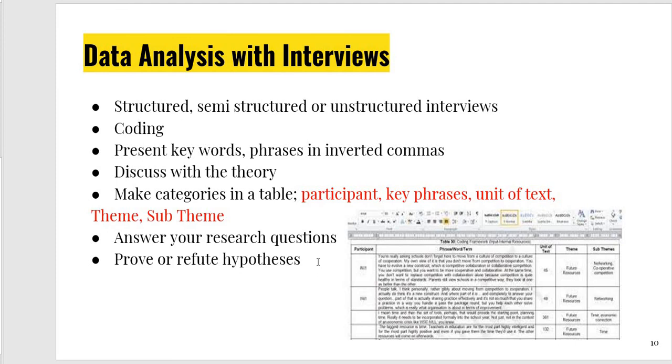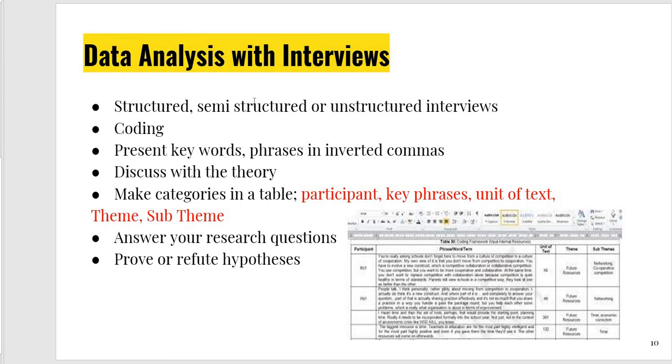There is also data analysis with interviews. Some people have conducted interviews. Suppose you are working on the feedback of refugees who have gone abroad. Suppose Syrians have reached different parts of the world, especially Germany, America, and other European countries.